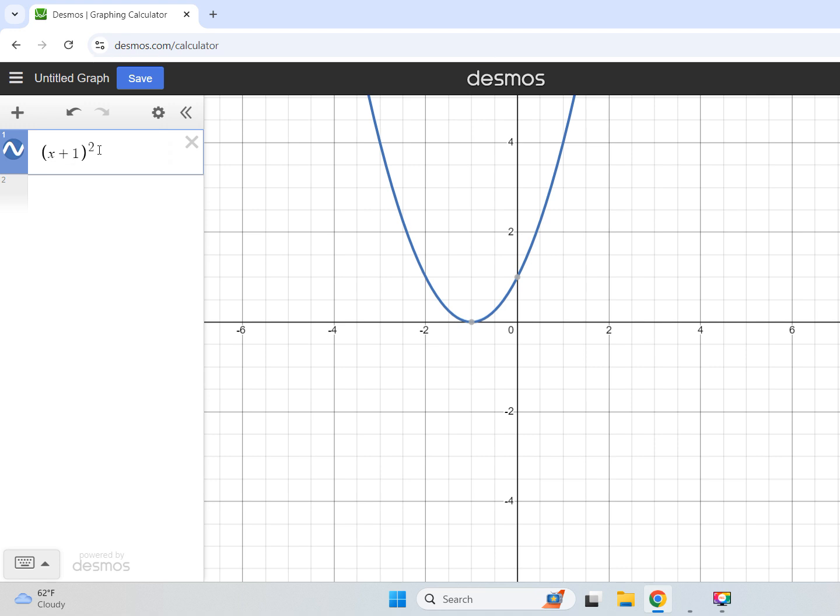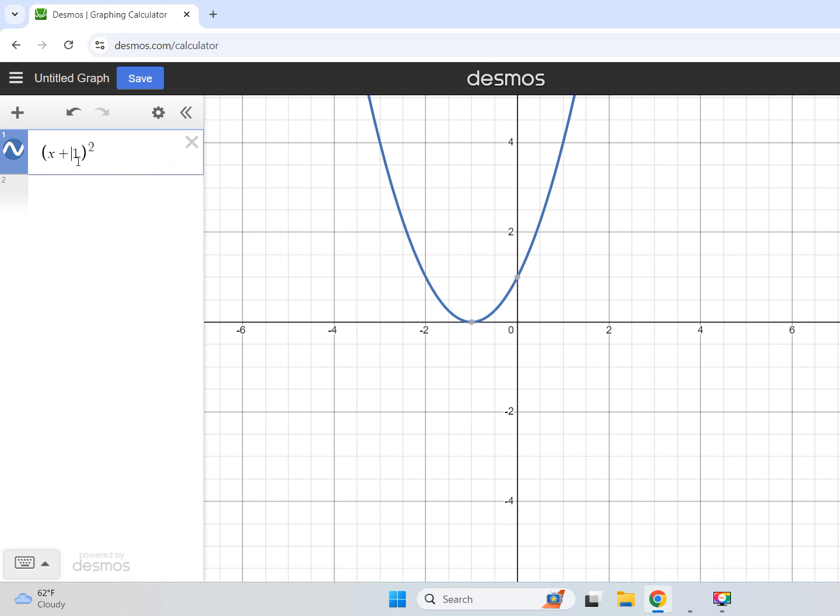And that's because, for example, if I plug in 0 for x, then 1 squared is just going to be 1, and that's why I have 1 as my y coordinate if I plug 0 in for x. Well, what if I plug negative 1 in for x?